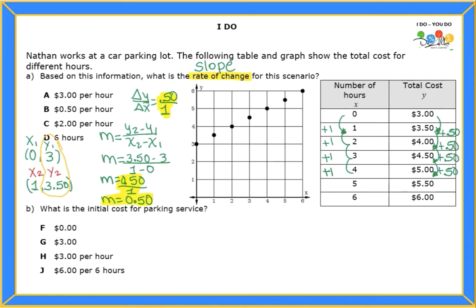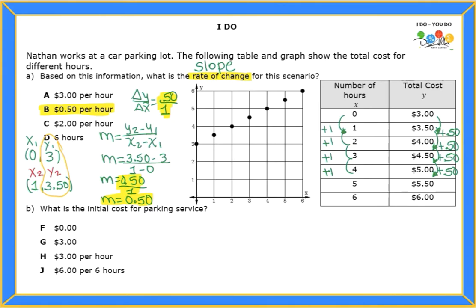Okay, so if you look at the answer choices, my answer choice B says 50 cents per hour. So that's what the slope is, that's my rate of change. Every hour that you are parked in that parking lot, you will be increasing 50 cents for every hour. Okay, good. Let's go to the next question.